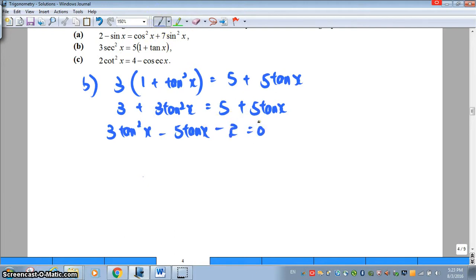Okay, same as your previous, I can actually let my tangent x be equal to a. So this is what I have. Am I able to factorize this? I'm very certain you can. So in this case, I can rewrite my a as tangent x.